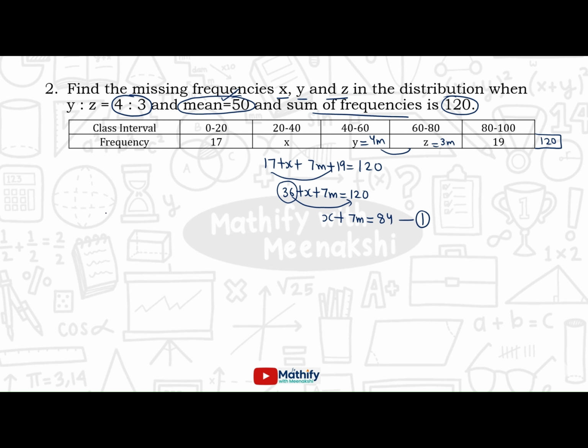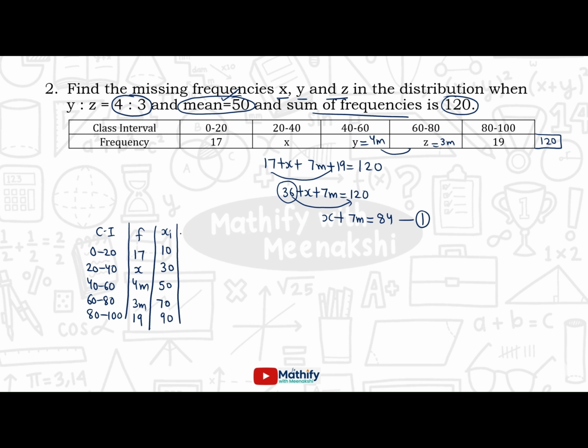Now we have to find the second equation with the help of the formula of mean. So let's draw the table now again. Ci is 0 to 20, 20 to 40, 40 to 60, 60 to 80, and 80 to 100. Here your frequency is 17, x, 4m, 3m, 19. And now you will write your xi, that's the middle value: 10, 30, 50, you can say 70 and 90.